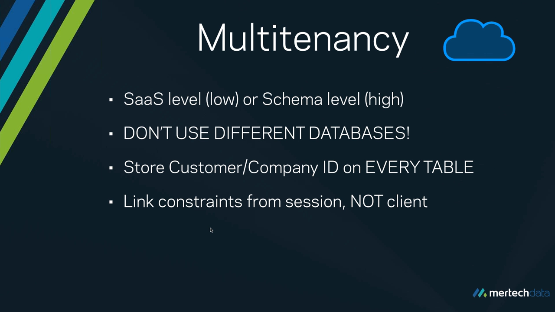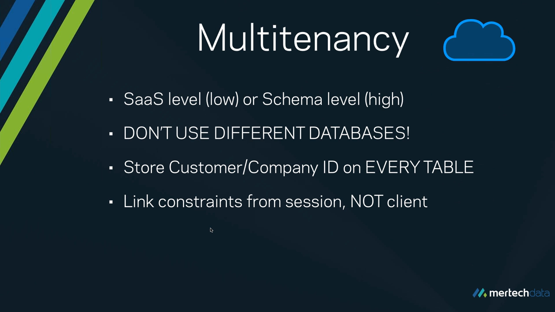And really, there are multiple ways of implementing multi-tenancy. At the low level, we have what's called SaaS level multi-tenancy, which basically involves building out multiple copies of your application. You can have a copy running for each customer, for instance. That would be a very simple, low-level SaaS implementation.